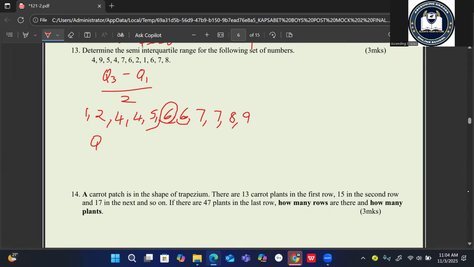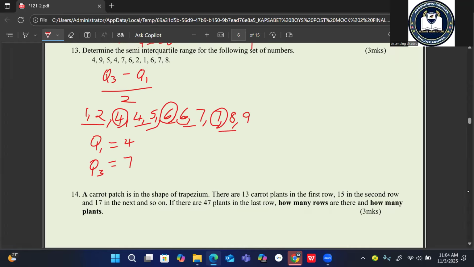So our Q1 will be equal to 4. Our upper quartile will be equal to 7.